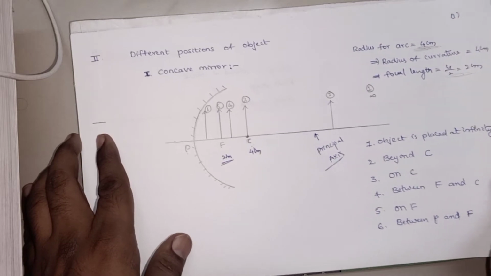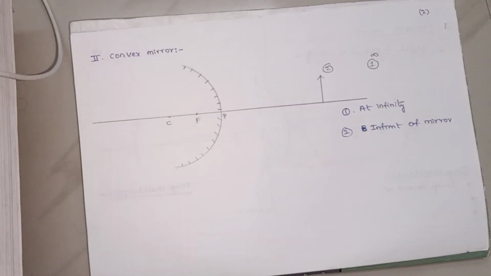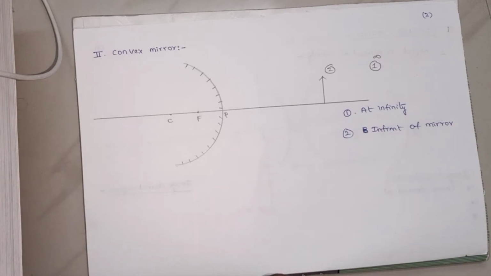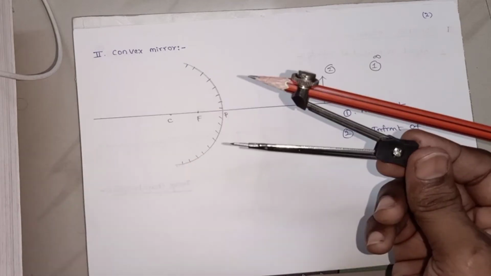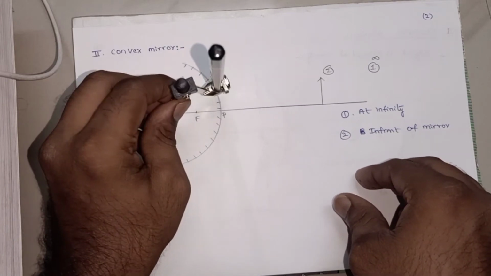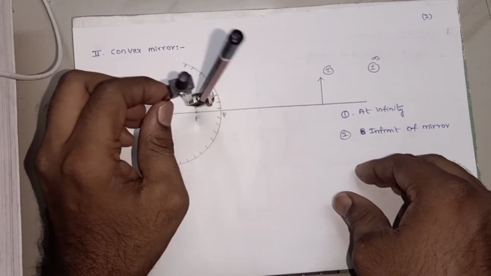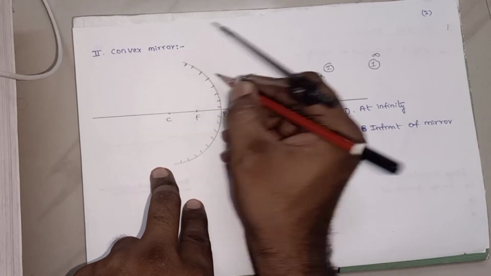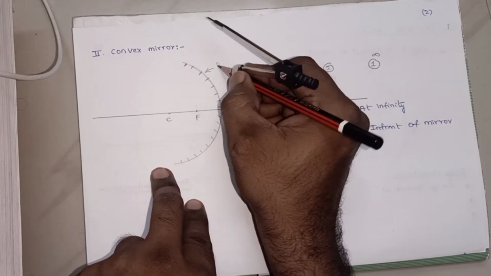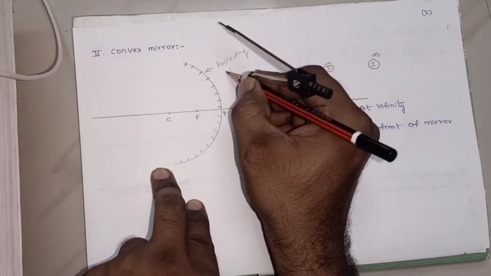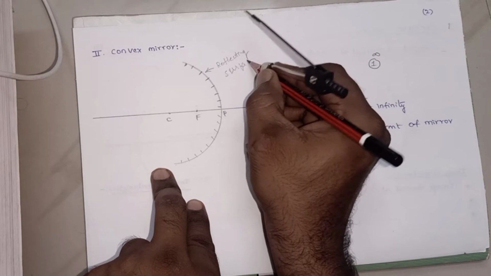Now coming to the convex surface, here we have only two possibilities. Here also I had taken the radius of the arc as 4 centimeters. Now I drew it like this. In this manner I had drawn the arc, and then I painted it. Now this portion acts as the reflecting portion, the reflecting surface of the curved surface.